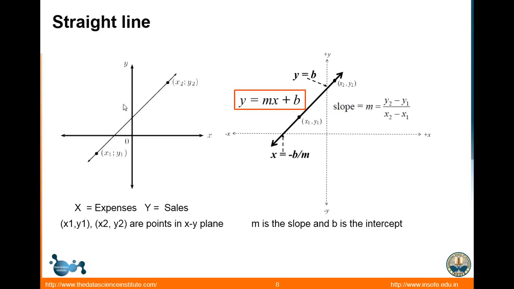The trend can be computed using the slope. So if you note here, we have the straight line equation, which is represented as y = mx + b, where b is the point on the y-axis where the line crosses, and m is the slope, which tells us the direction or the trend of the straight line.